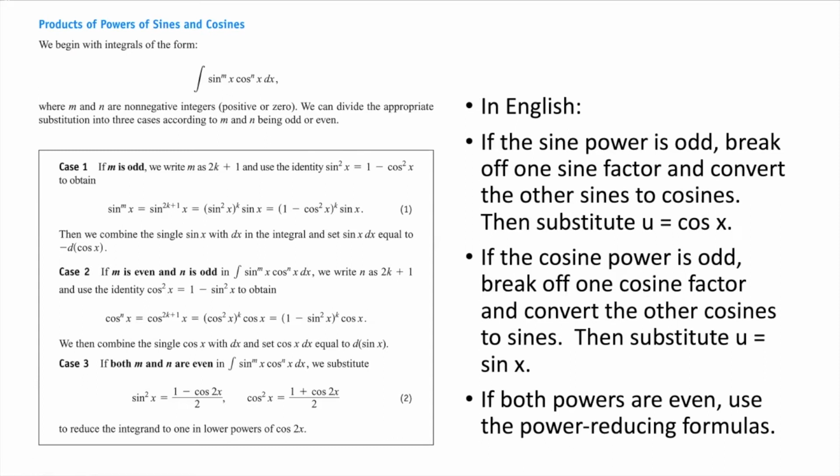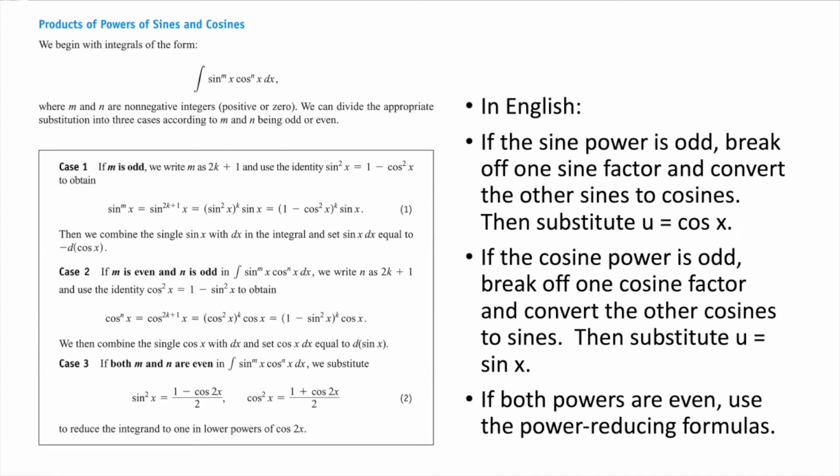So there are three cases or three situations that can happen when you have powers of sines and cosines. And let's start with the second one because we just looked at that. If the cosine power is odd, you're going to break off one cosine factor and convert the other cosines to sines, and then use substitution. And that's what this says here under case 2.